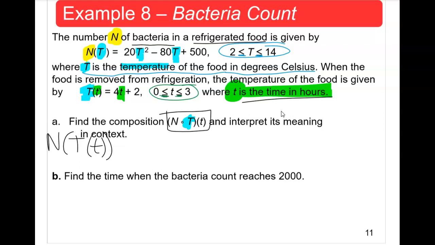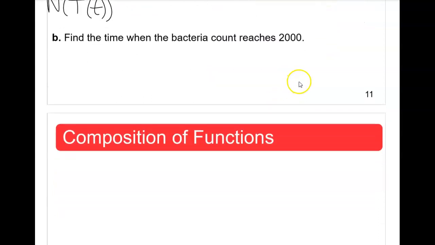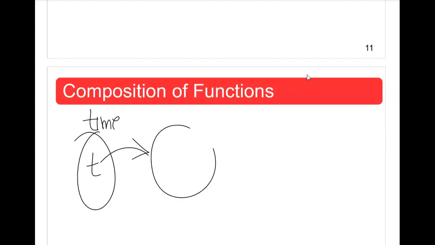So actually, I want to show you with a diagram how this is going to look. So we will have t here. This is the time. And then we go here, and this is going to be the temperature, and this will be T of t.